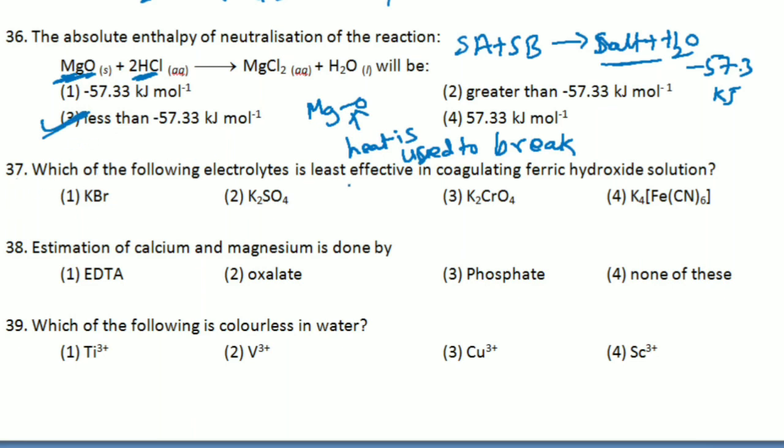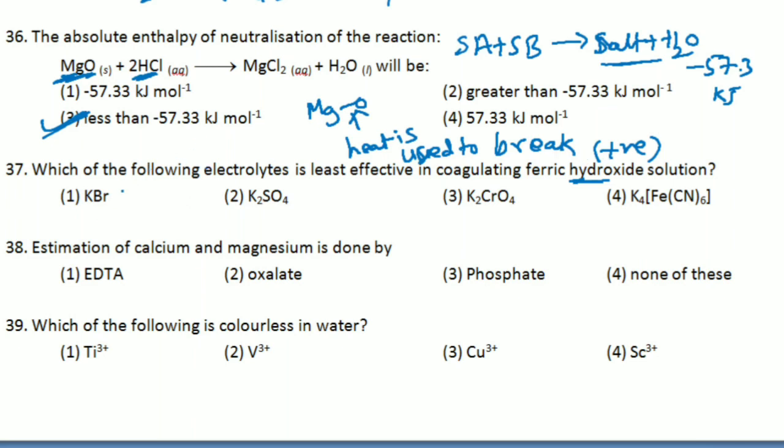37. Which of the following electrolytes is least effective in coagulating ferric hydroxide sol? Here, ferric hydroxide sol charge is not given, but I told you in the synopsis part, hydroxide sols are positively charged sols. If you have any confusion about that also, you can see, in all the cases the positive charge is the same, potassium only, hence definitely they are not asking by giving a negative charge sol, because in positive you cannot select the same, hence this is positive.